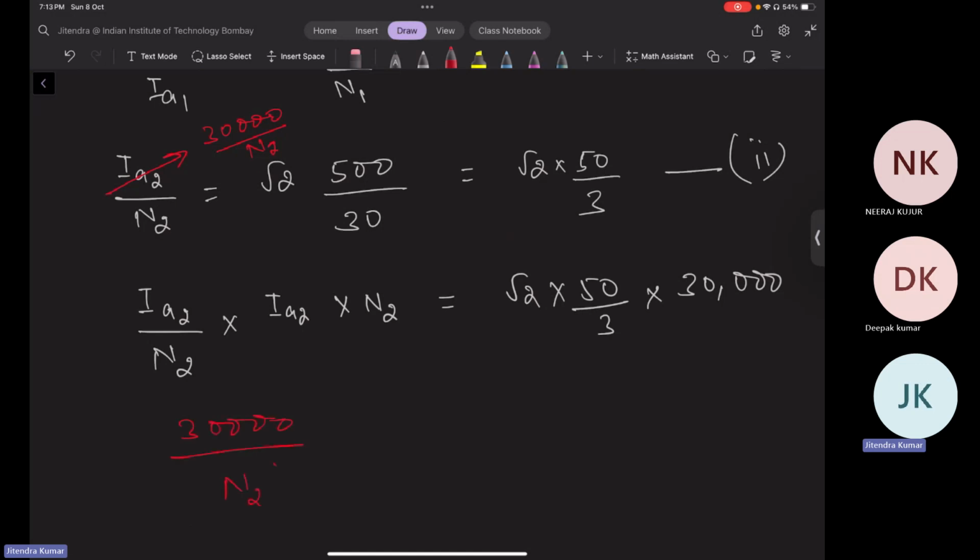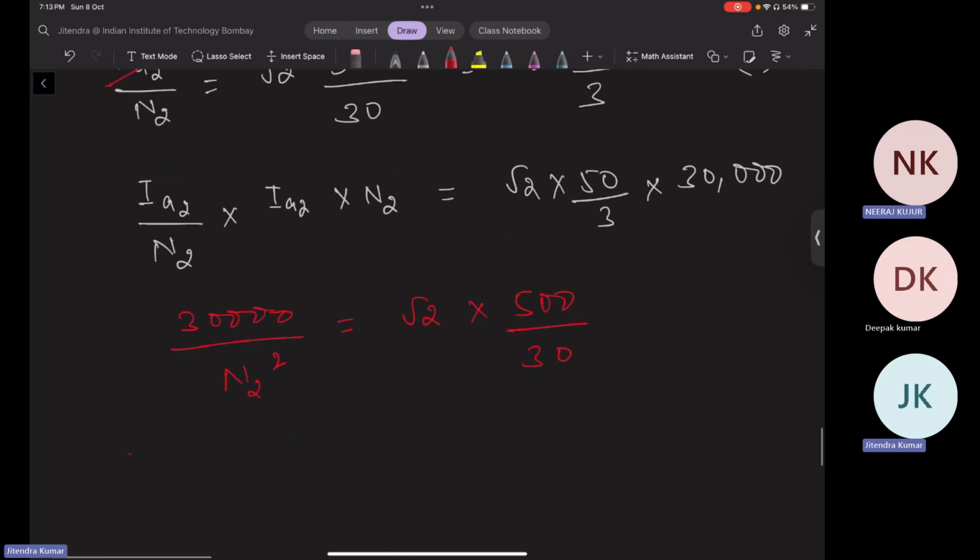So 30,000 by N2 square is equal to root 2 into 500 by 30. So N2 square is equal to 3 3s are 9 into 10 raised to power 5 divided by 500 into root 2.